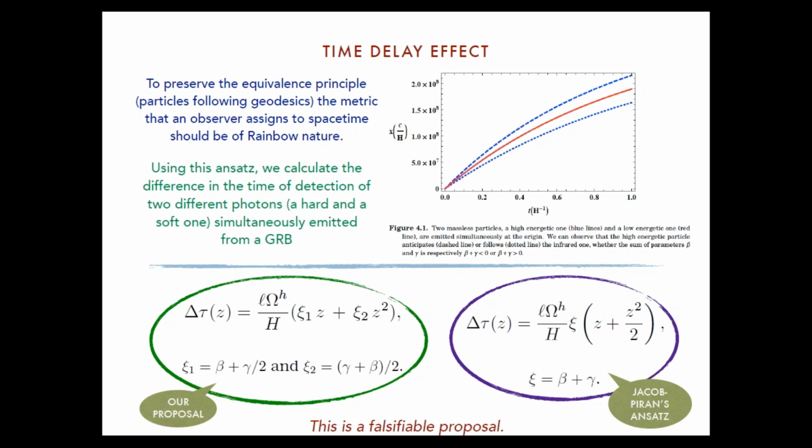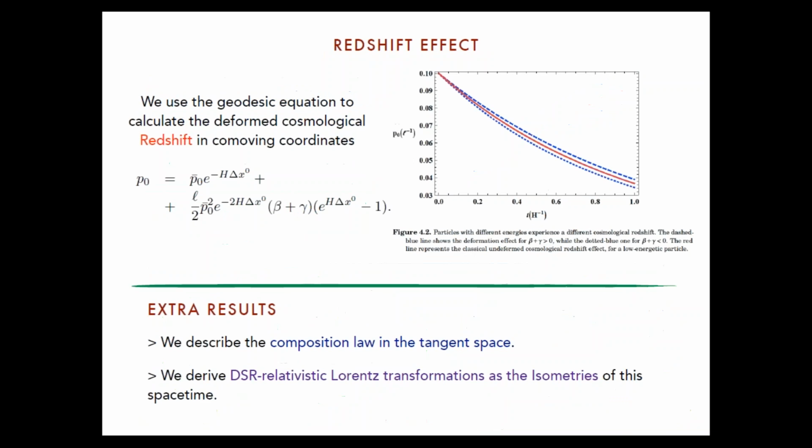Well, we also calculated the redshift, in which we only needed to use the geodesics of the space-time. We also calculated the composition law from the point of view of the tangent space, and we also derived the relativistic transformations, the Lorentz transformations, from the isometries of this velocity-dependent metric.